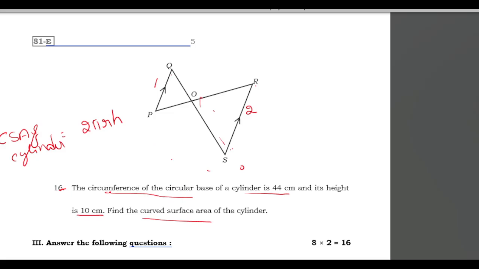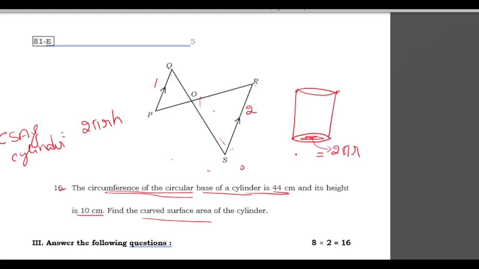They have already given the circumference of the circle base of the cylinder as 44. Imagine this is a cylinder. The base is a circle, and the circumference of a circle is 2 pi r.